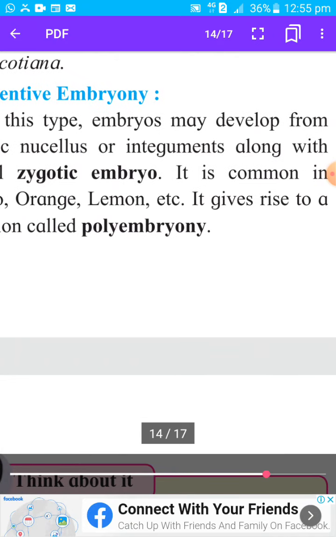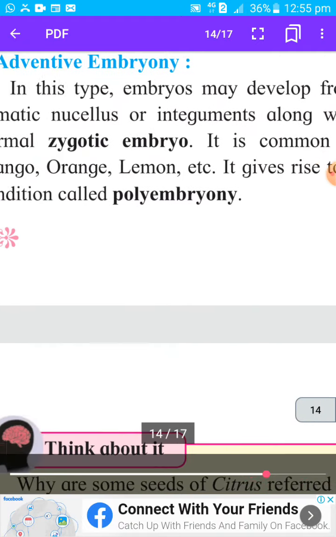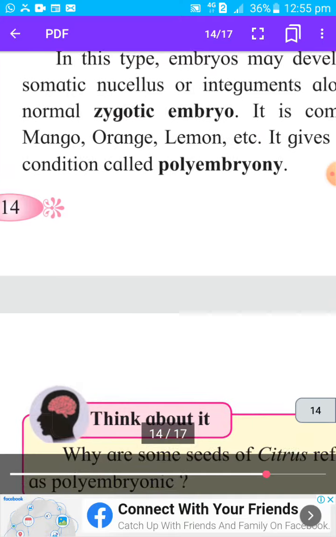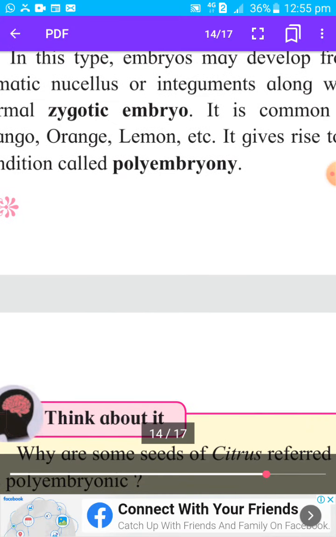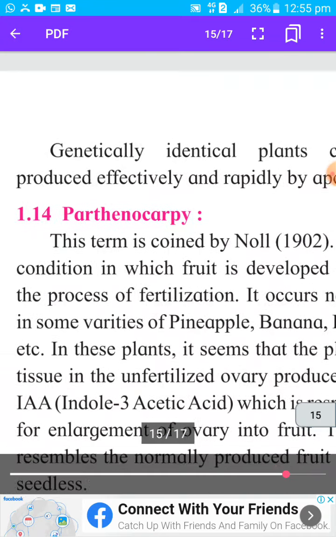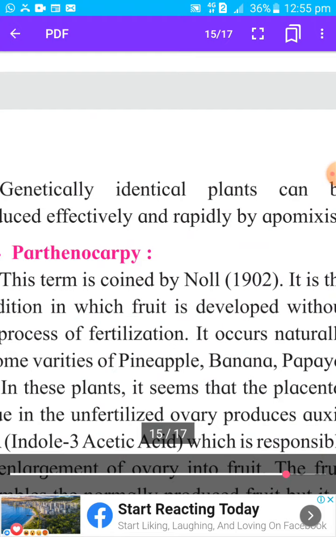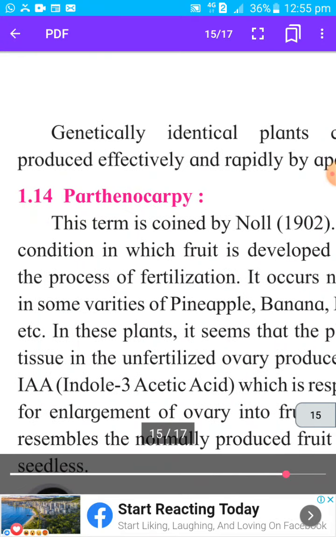It is common in mango, orange, lemon, etc. It gives rise to a condition called polyembryony. Poly means many. So along with the normal zygotic embryo, many embryos are developed from the nucellus and integuments.